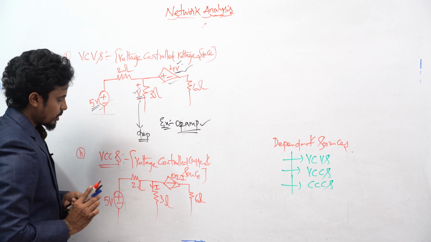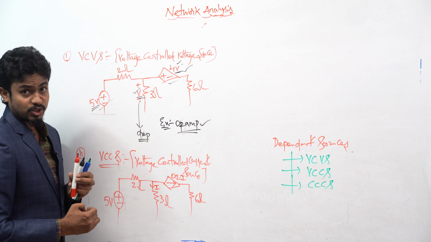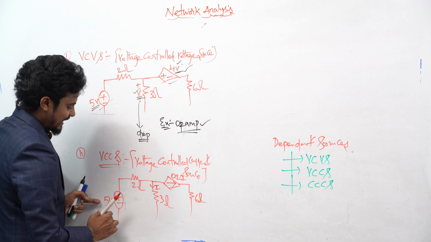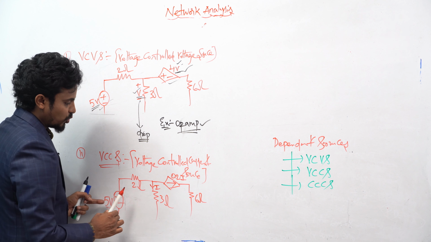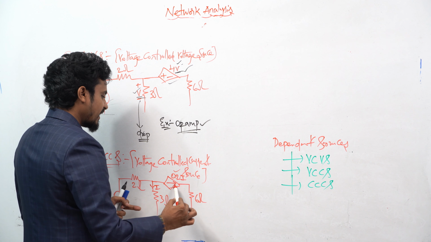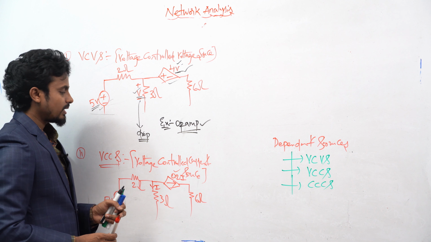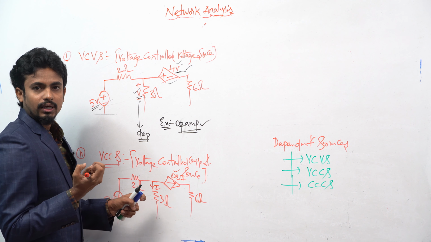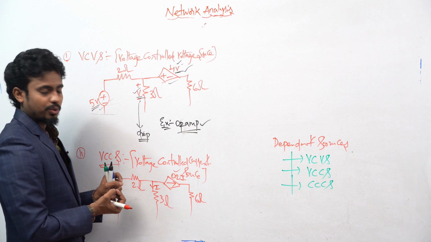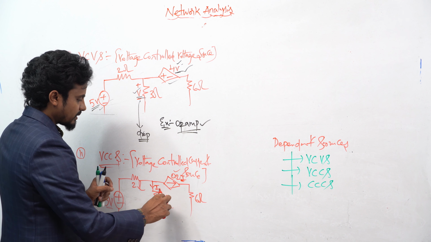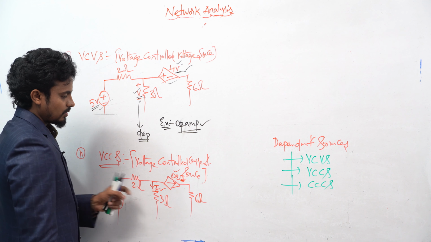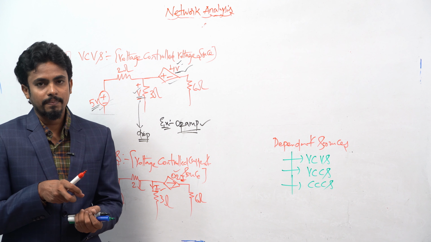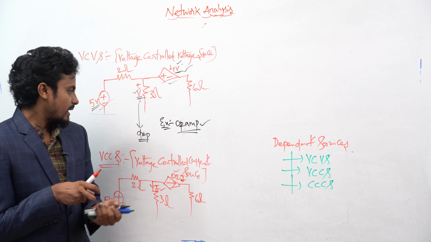Here you can observe this is the voltage controlled current source. Similarly, I apply my 5 volt, here the 2 ohm, and I take my independent source as the current, that is 0.2i, which I present in another way in the circuit. So this i is present here, this is the 6 ohm. That means the current source is controlled by this voltage.